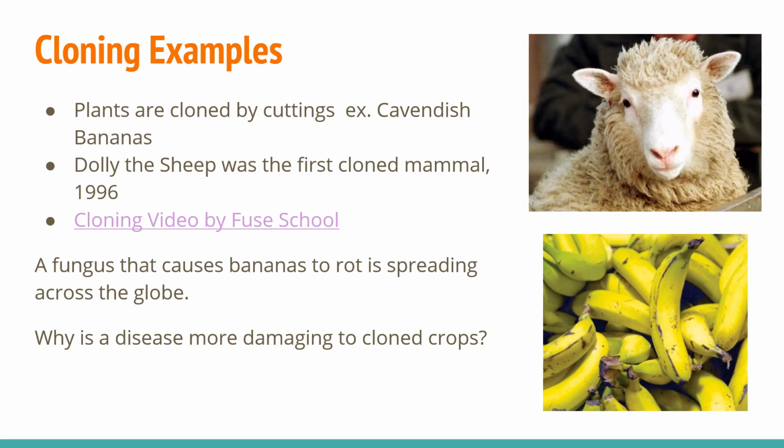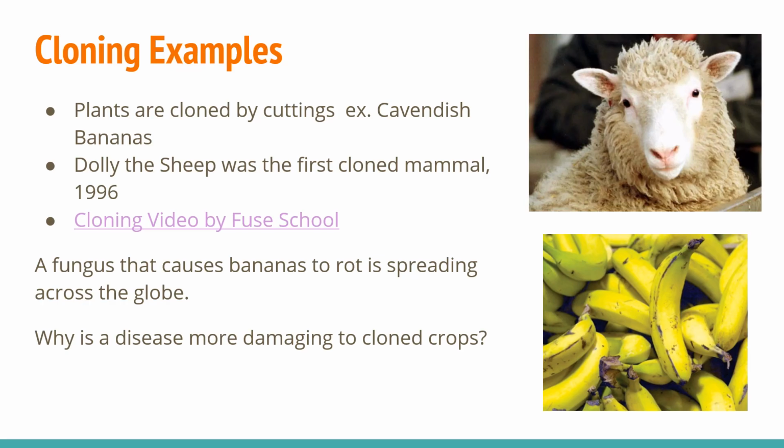So now we have a question. We're going to theorize that a fungus that causes bananas to rot is spreading across the globe. Why is a disease more damaging to cloned crops? Our answer is very similar to our answer about the diseases in the dogs earlier in the lesson, and it all stems from the lack of genetic diversity.